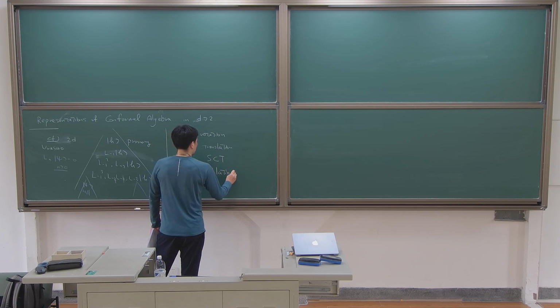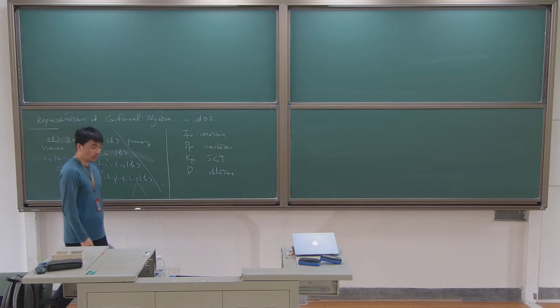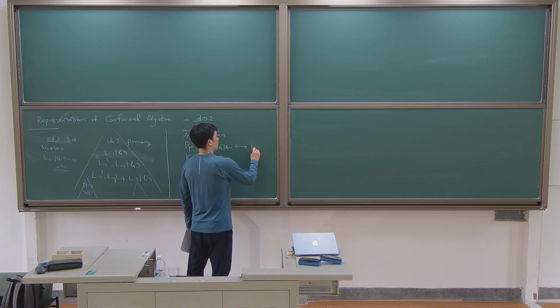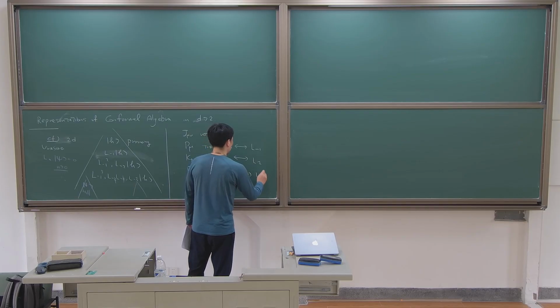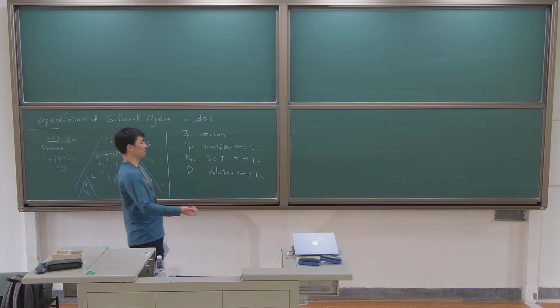Those are the generators of the high dimensional conformal algebra. P corresponds to Virasoro L minus 1, K corresponds to L1, and D corresponds, roughly speaking, to L0.